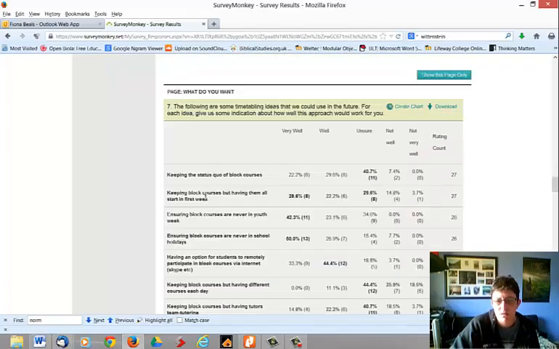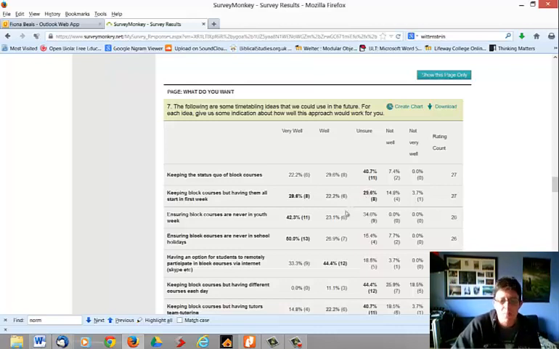for blocks. Okay, so remembering here, I'm going to be looking for the mean and the mode. So I've got 27 people responding here. Here we've got a split, keeping block courses but having them all start in the first week, very well and unsure. So again, there's 27 responses, looking for the 13.5 I should be saying in both, which comes in well here, so median here, but mode I'll communicate is very well and unsure.